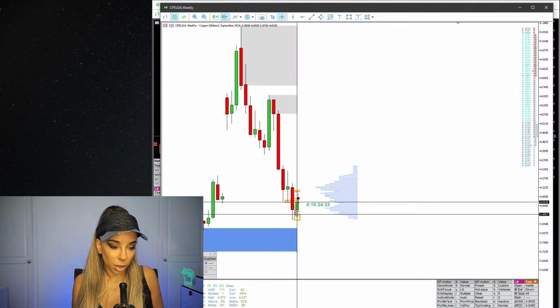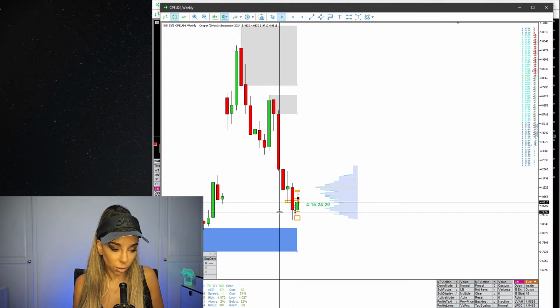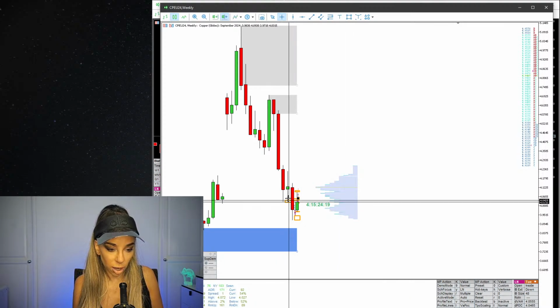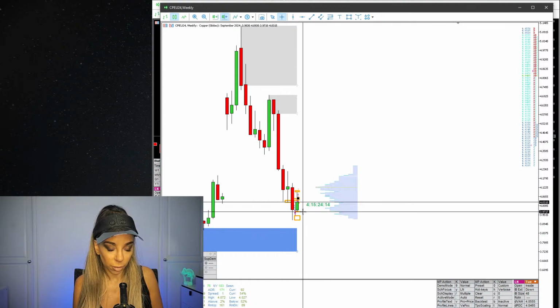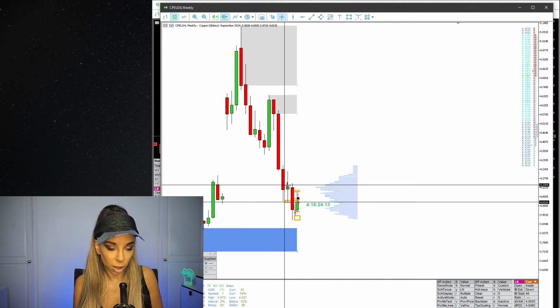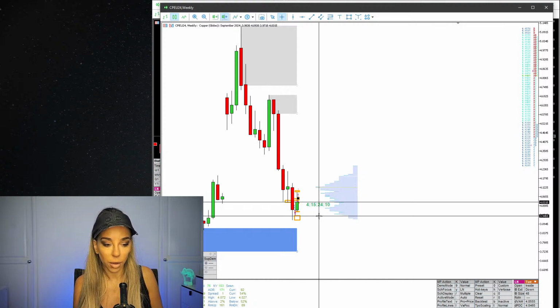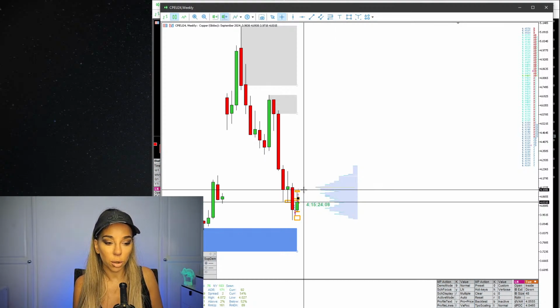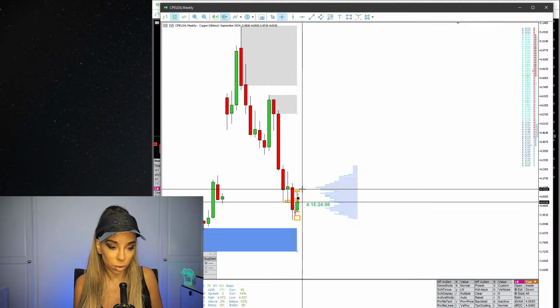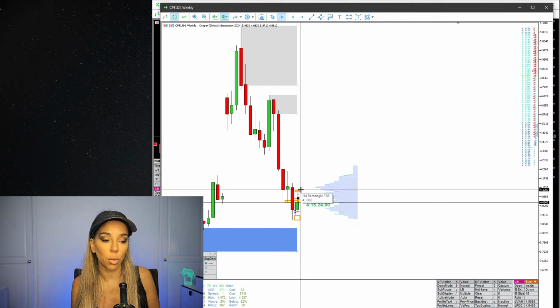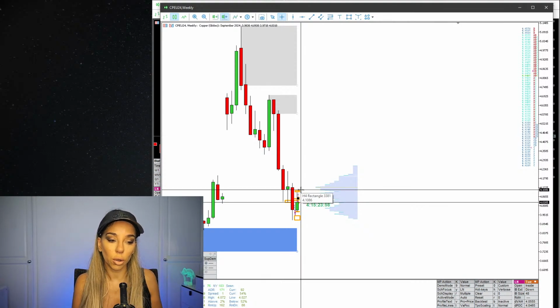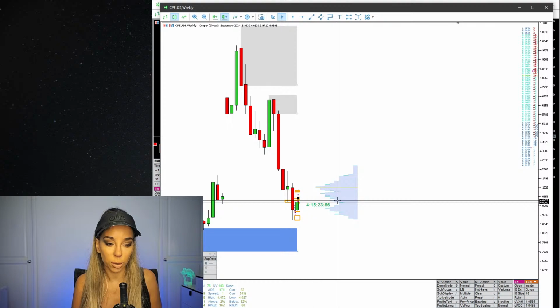There are some low volume areas of demand that were created as the move was happening yesterday. And for the last 3 weeks, this is a 3-week profile. So what I'm looking at here, I'm not just looking at supply and demand areas. I'm also looking to match up the perceived supply and demand areas with any sort of low volume nodes on the volume profile. So that's what I've got here.